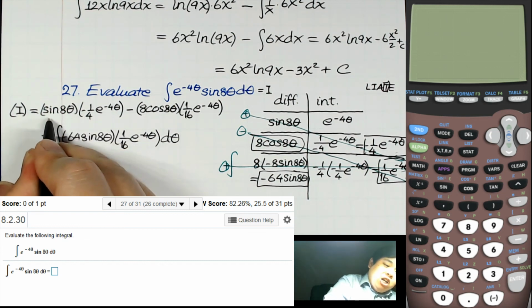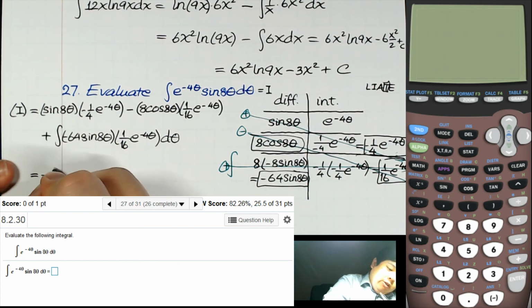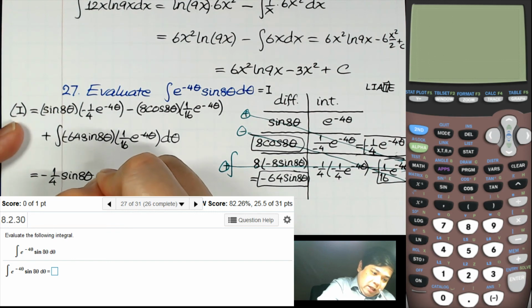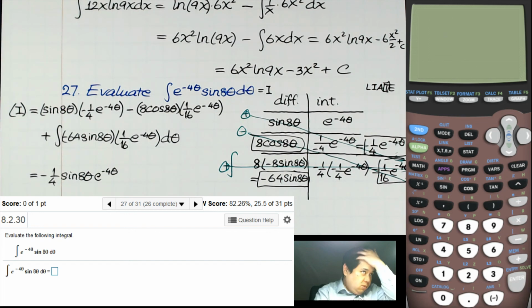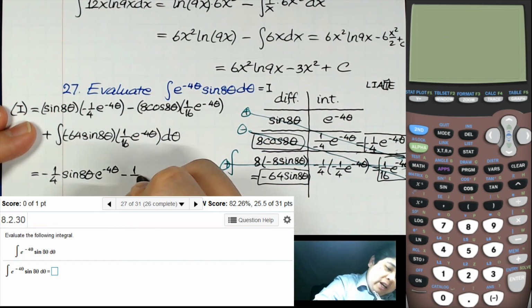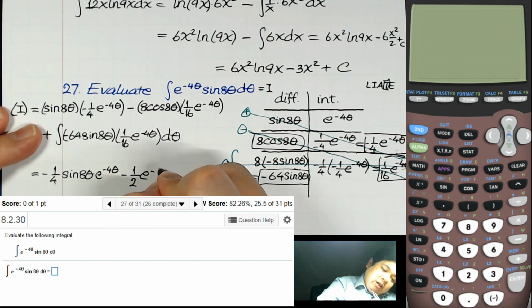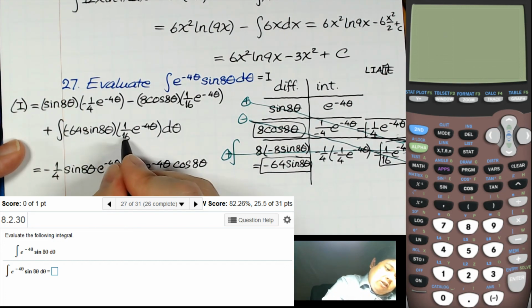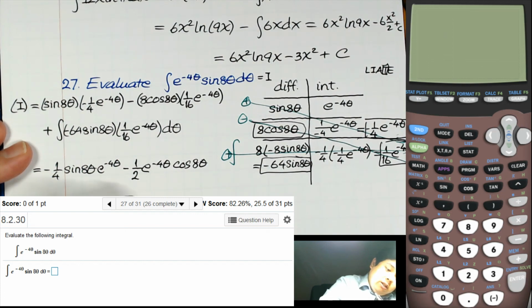Now let's simplify this a little bit. Negative 1 over 4 sine A theta e negative 4 theta. I should write the e first. 8 over 16 is 1/2, minus 1/2 e to the negative 4 theta cosine A theta. And then that minus 64 divided by 16 is minus 4. I put it outside of the integral.